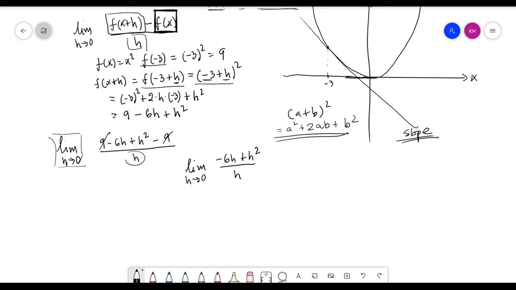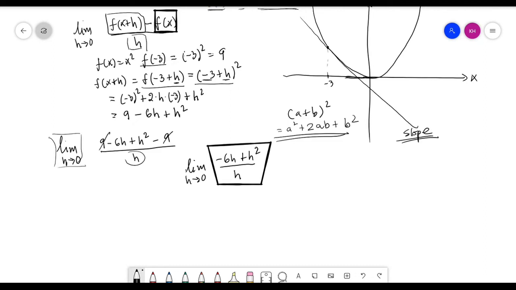Now when we reach here and we know that the value of h is very close to 0, we can just estimate that h equals 0 and plug it in. But if we plug it in this function, we will not have an answer. Why? Because we cannot have 0 as the denominator. If 0 is a denominator, the function is undefined.